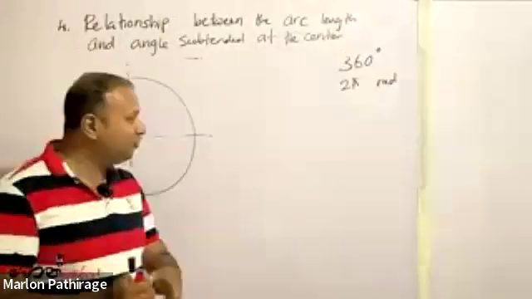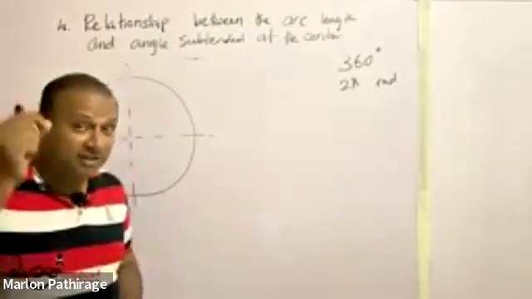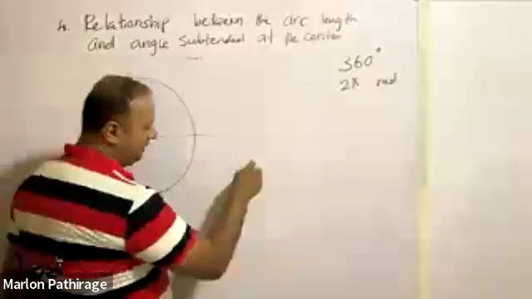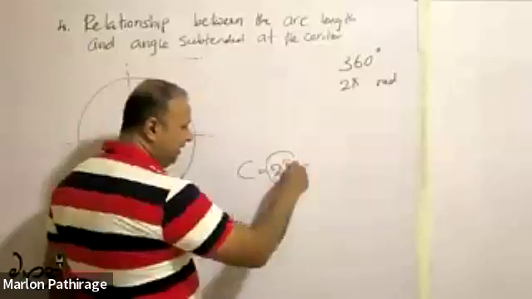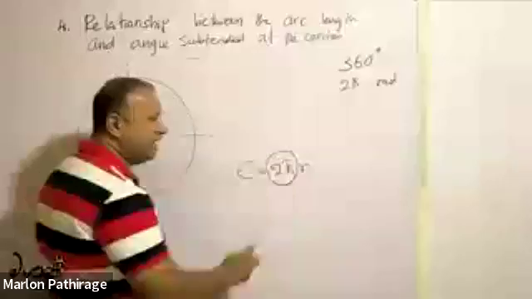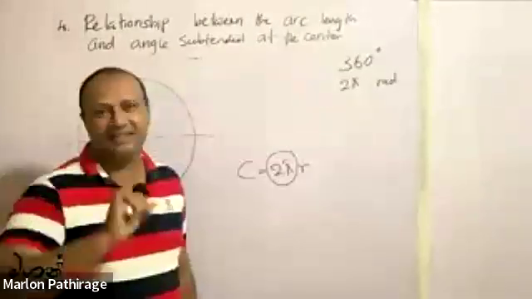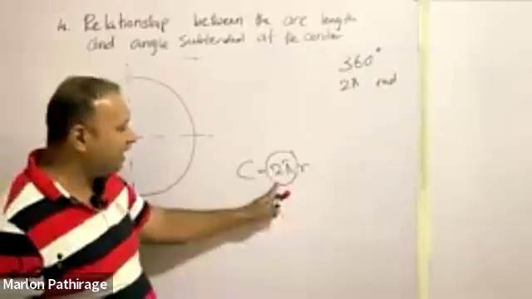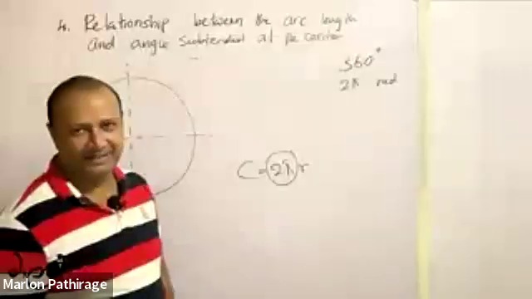Therefore, the 2π mentioned in the previous equation, C equals 2πr, is the angle subtended by the full circle at the center.